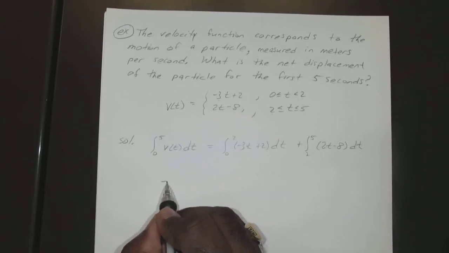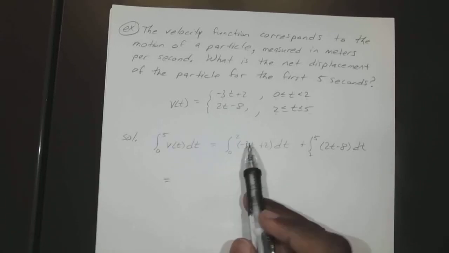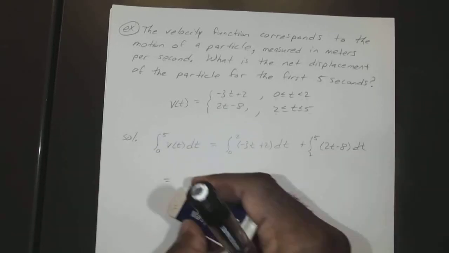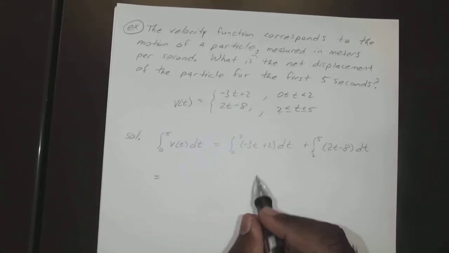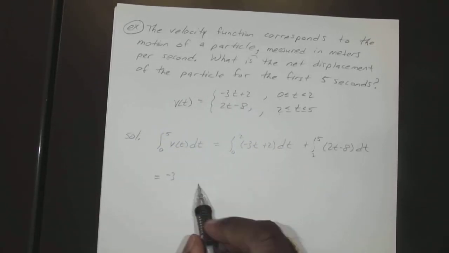Okay, so this is going to equal, if we go ahead and integrate this one, and actually let me move it over a little bit more so I don't run out of space. Okay, so you have -3.